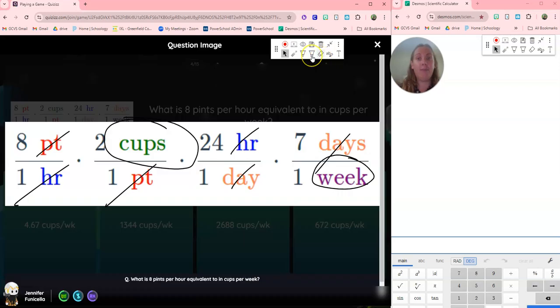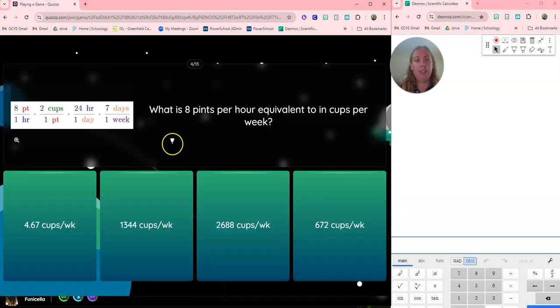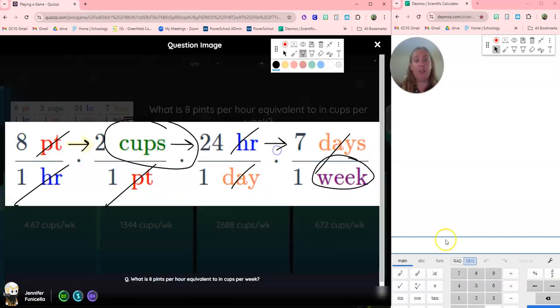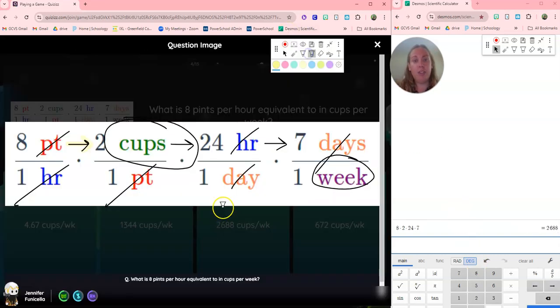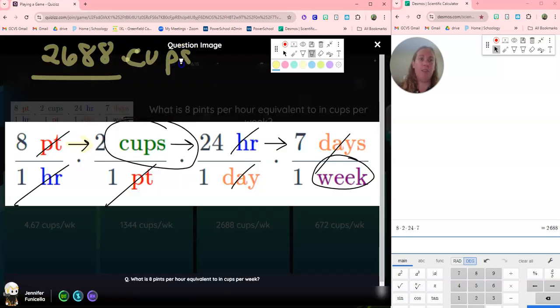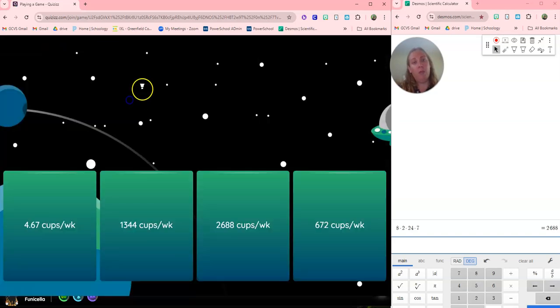So to find that, we want to multiply across. 8 times 2 gets us 16. 16 times 24 times 7. Let's multiply all of these numbers. So we have 8 times 2, I have my calculator up on the side, times 24 times 7, 2,688. And we're dividing that, cups, by 1 times 1 times 1 times 1, so just by 1 week.